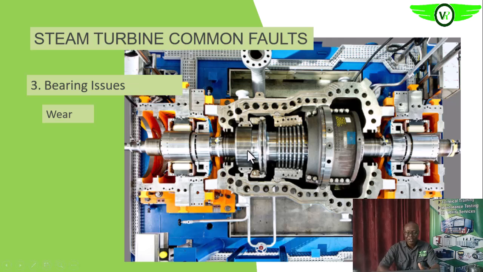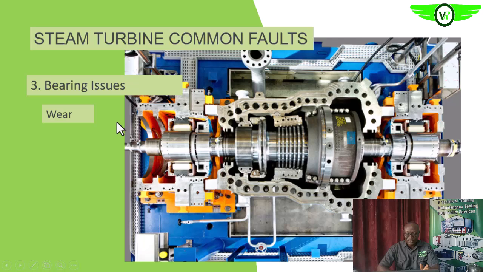Are we getting it? So as it is wearing, that increases the clearance around the bearing, and that will increase the vibration, reduce efficiency, and affect the operations of the turbine itself.